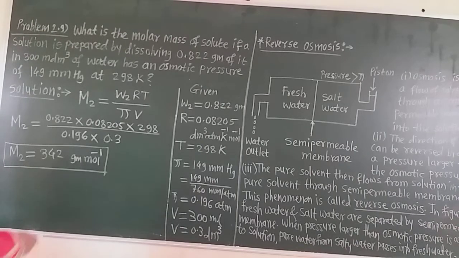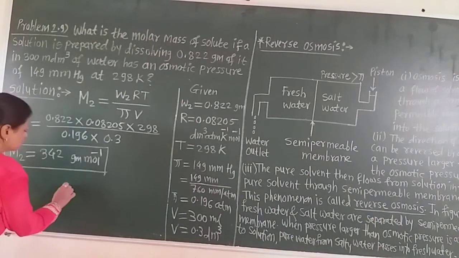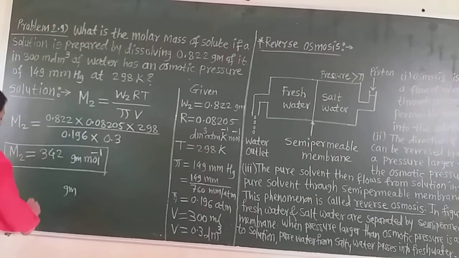So here M2 is equal to, what is W2? 0.822 gram. I only write down the units here.